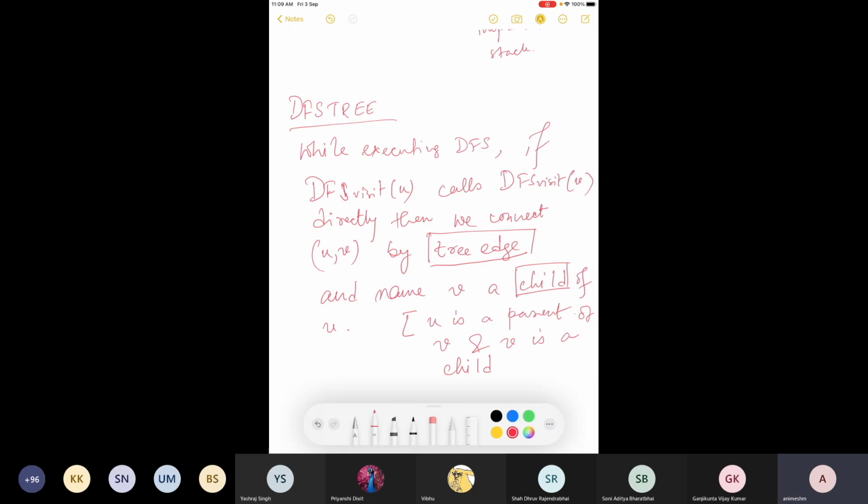And V is a child of U. So that's how the relationship is typically expressed.